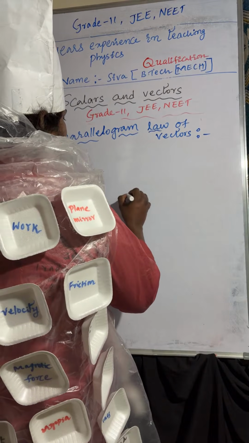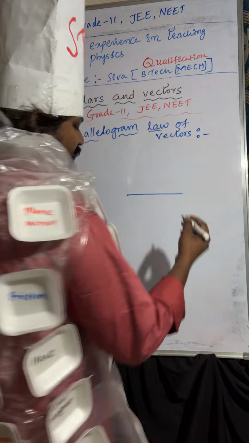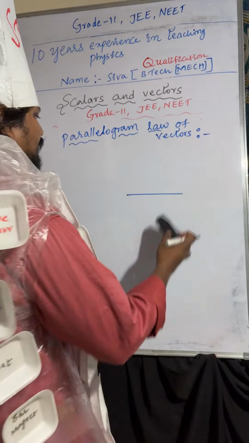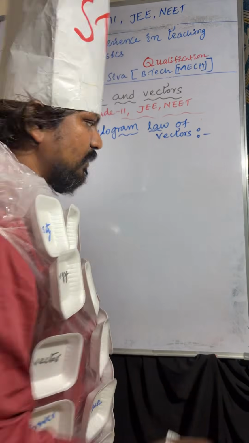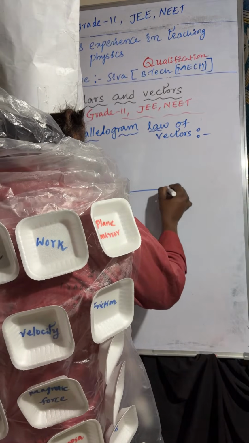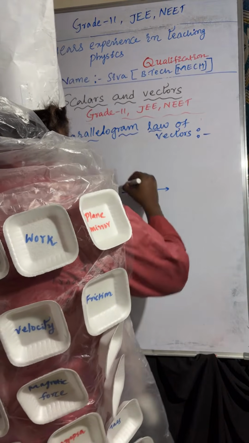I'm considering here this one vector along this side, along AB. Here you can take A bar and B bar.